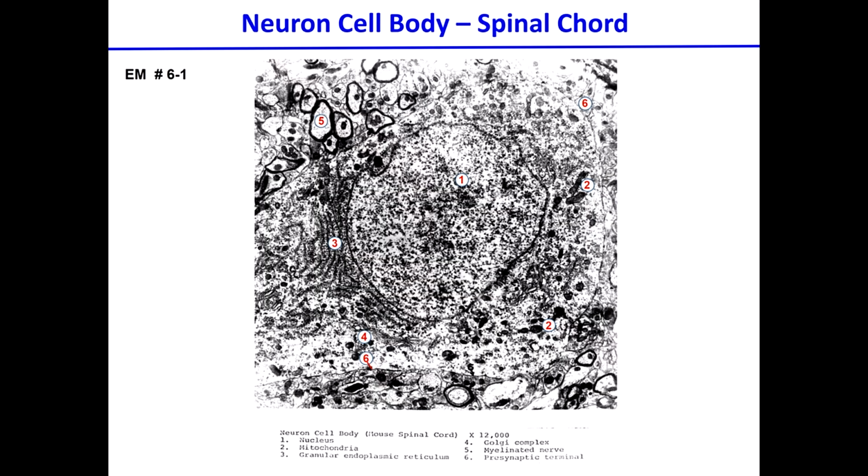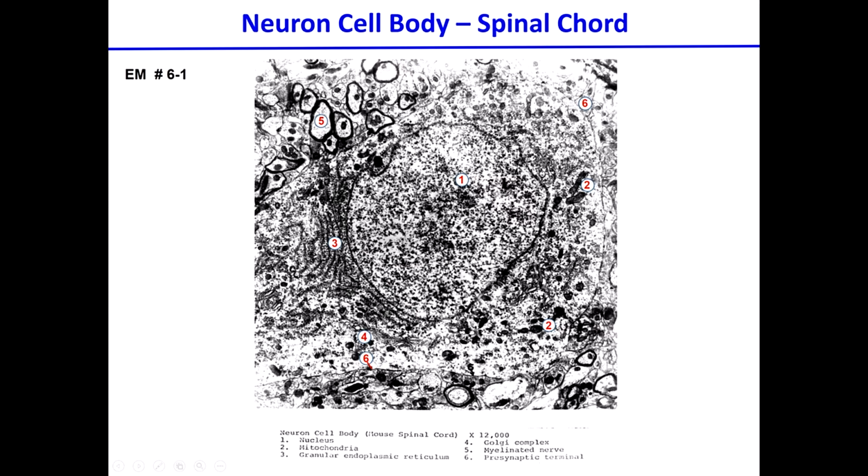Now we're going to look at some electron micrographs. Okay, this is looking at the cell body, the perikaryon, of one cell in a tissue, and I tried to highlight the numbers because in some of the original pictures they didn't do a good job.